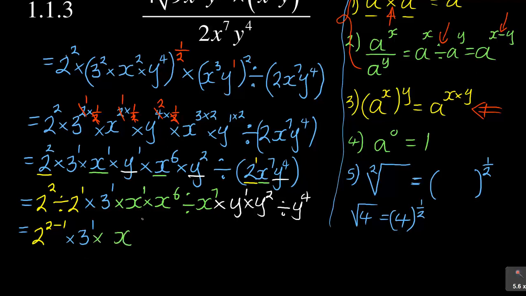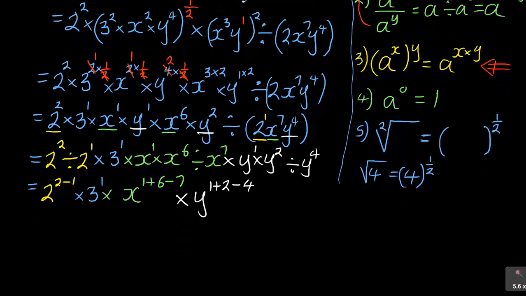Now for the same base, the multiplication means you add 1 plus 6, then the division means you subtract the 7. And then similarly in the y, you have got y to the power 1, times means plus, you add the exponents. Now the division, which is divided by y to the power 4, means minus 4, like that. So basically that is what you're supposed to do when you're using the laws of exponents.